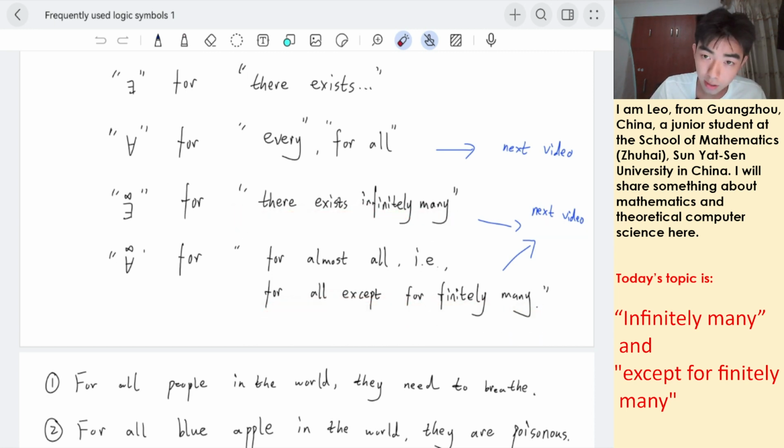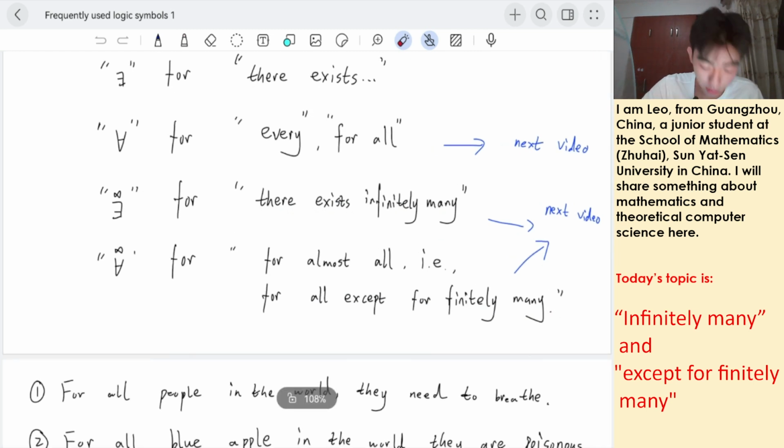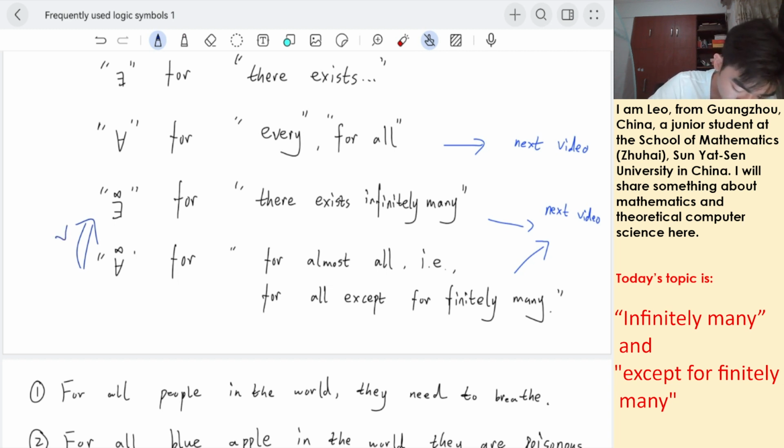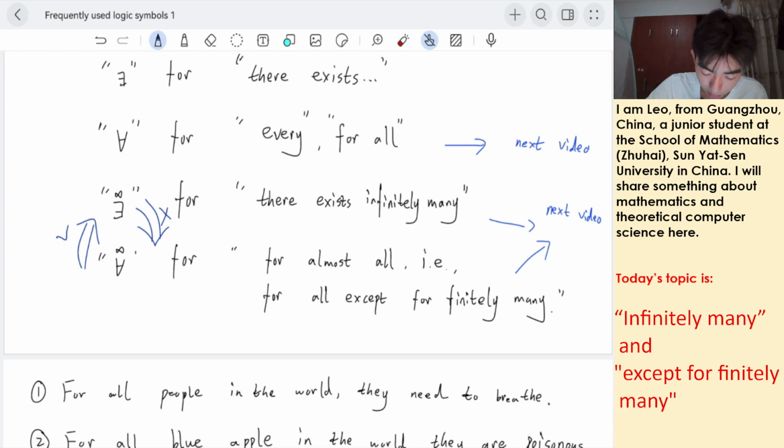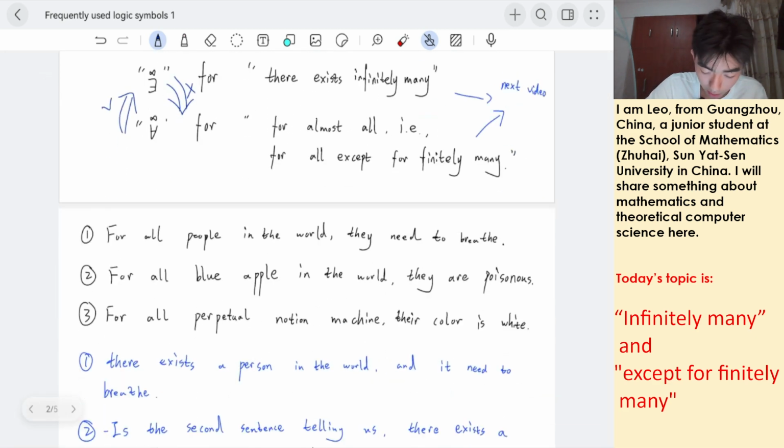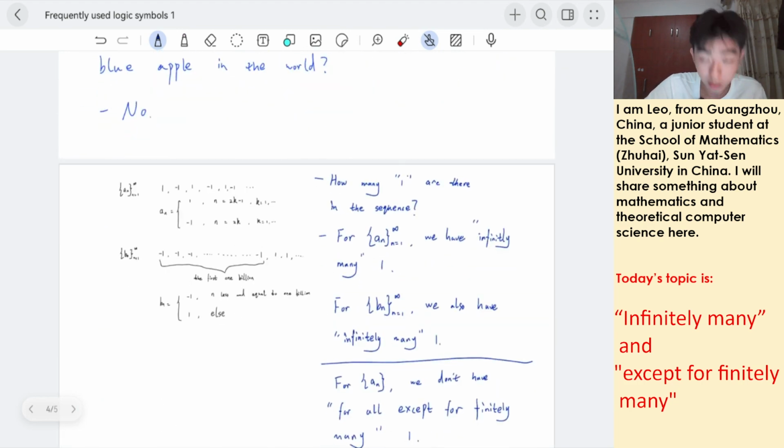But the vice versa we can't do. If there are infinitely many, we can't conclude for all except for finitely many. This direction is correct, however, this direction is wrong. That's the relationship between them, and we can get it from these examples.